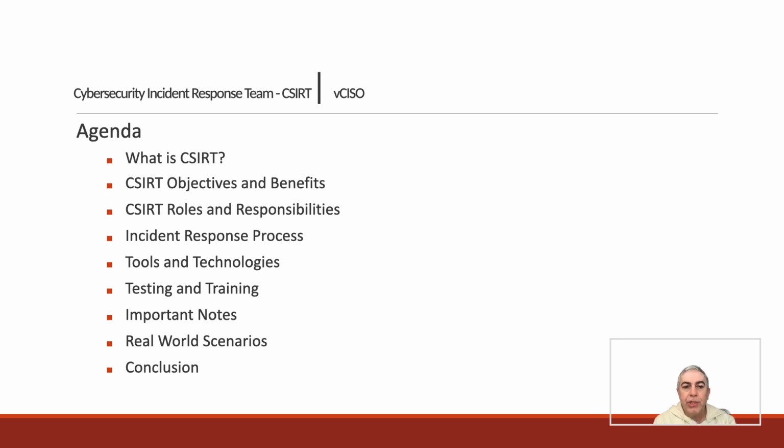I'm taking you to the agenda today. So the CSIRT itself, what is that about? And then the objectives and benefits of having the CSIRT, or cybersecurity incident response team, the roles and responsibilities, the tools, techniques, testing and training, which is an important part of the business because we have to make sure that they're always ready for all the actions that are to be performed.